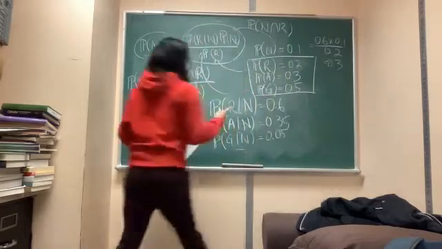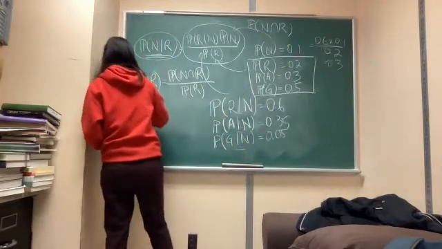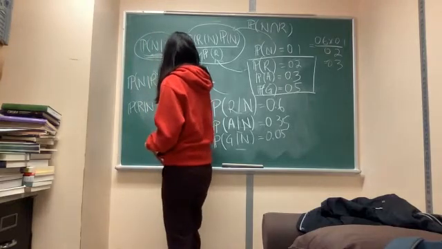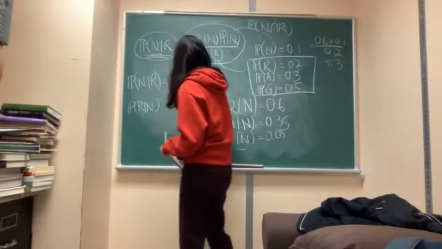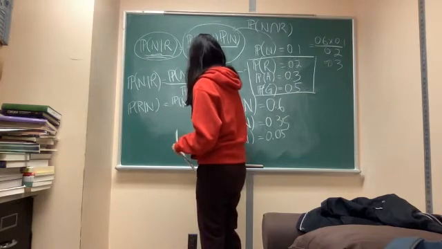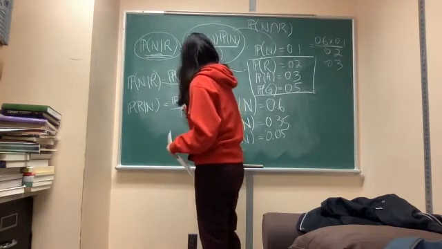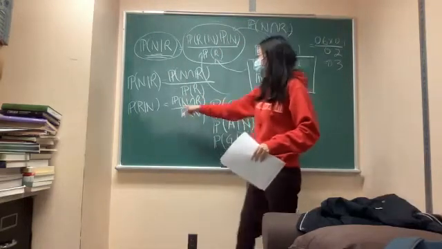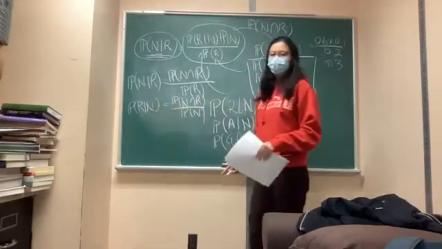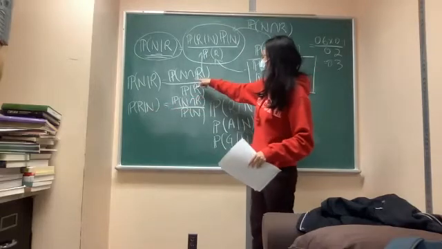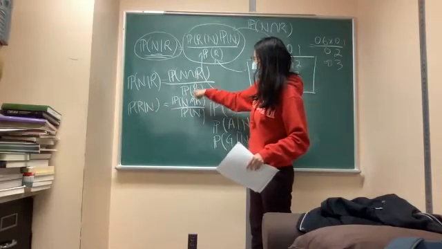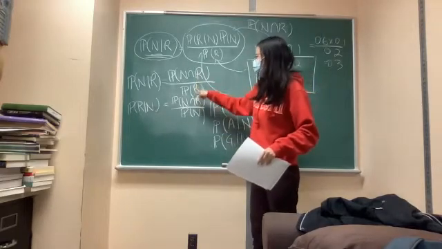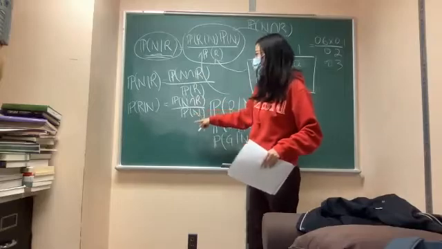But then what we also have is the probability of R given n equals the probability of n intersection R divided by the probability of n. This is the exact same thing. You just change R and n, right? So the intersection of n with R remains the same, which means you can equate these two things, right?